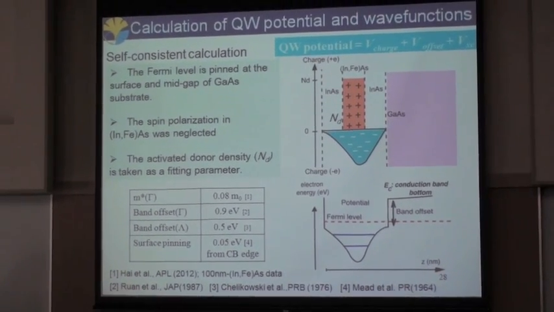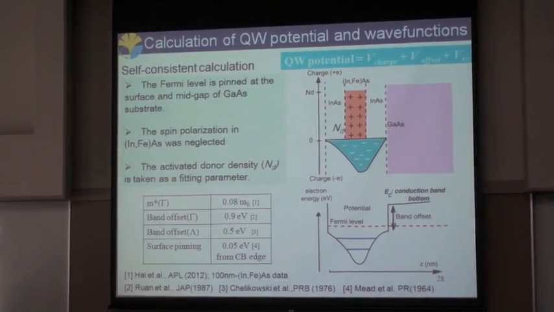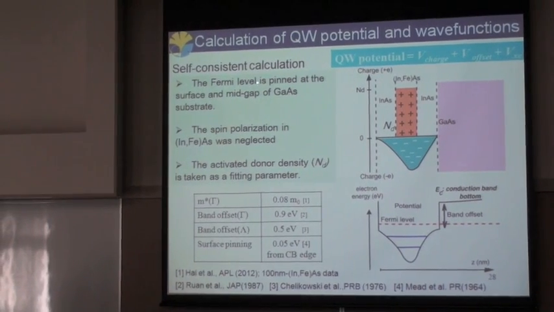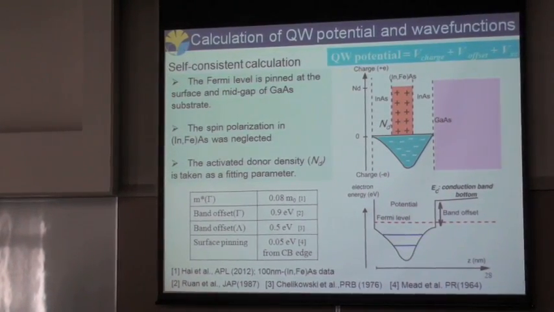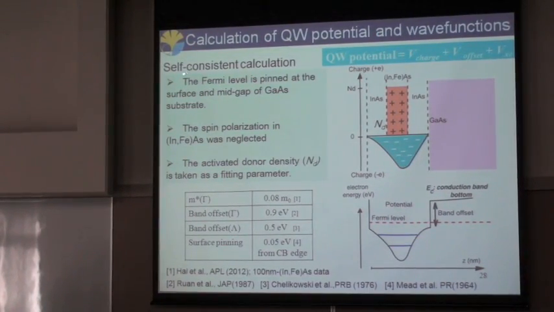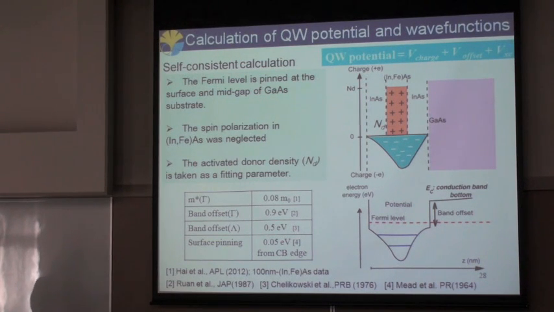Then, in order to compare with the calculation, we calculated the quantum well state and potential by using the self-consistent calculation method. We solve the Poisson's equation and Schrödinger equation self-consistently. And here is the assumption. The Fermi level is pinned at the surface here, and at mid gap of the gallium arsenide band gap on the substrate side.